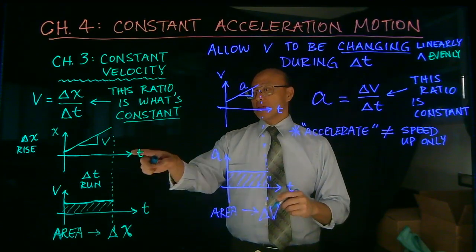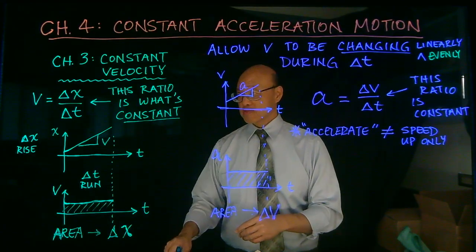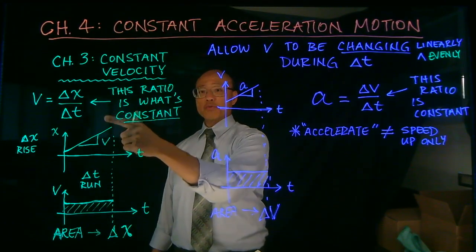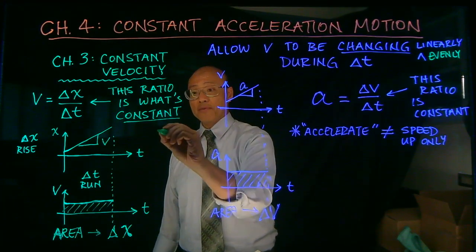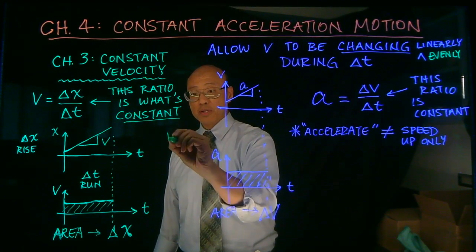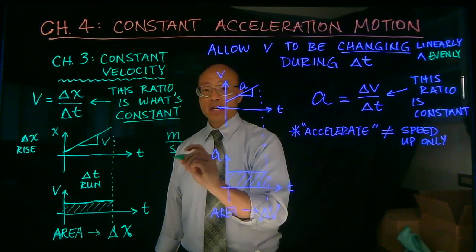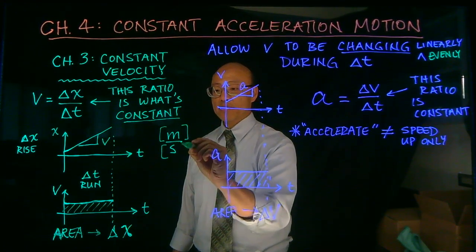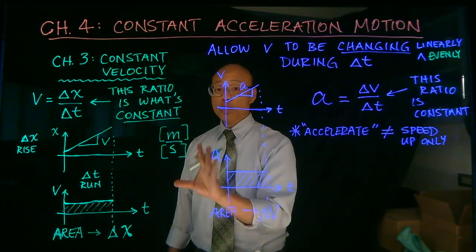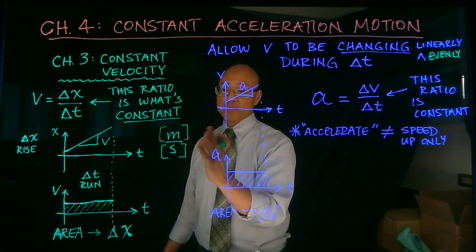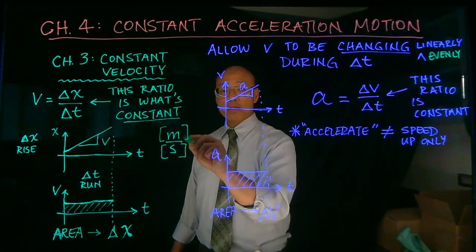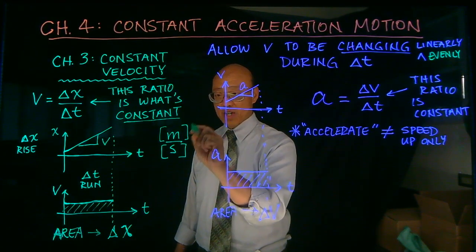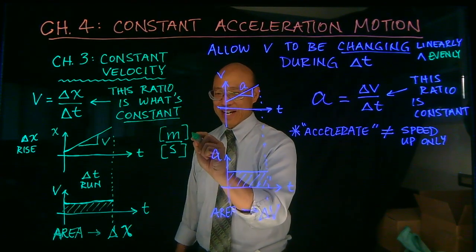Last thing. The units on this one. When we took this ratio, the ratio itself is meters per second. Now I'm going to put brackets around this to emphasize that I'm talking units, but you don't have to write brackets, and sometimes I forget them, but in this discussion right now I want to emphasize that we're talking about units, so I want to make it look different, okay?